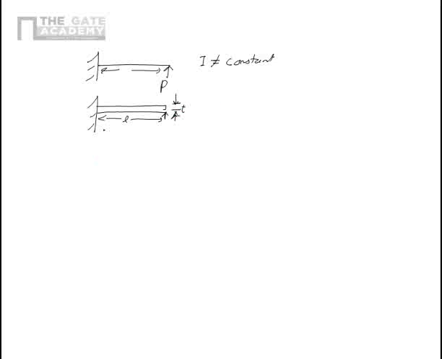So if I see from the top, I will see that this is the wall and the width is like this. It is maximum width B here and drops down to 0 at the end of the length L. This is a very practical problem actually, and let us see why.